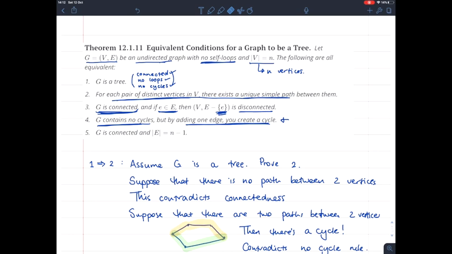So far we've shown that statement 1 implies statement 2, 2 implies 3, and 3 implies 4. And what we're actually going to do now is show that 4 implies 1, and then I'm going to leave 5 for you to discover in your own time.